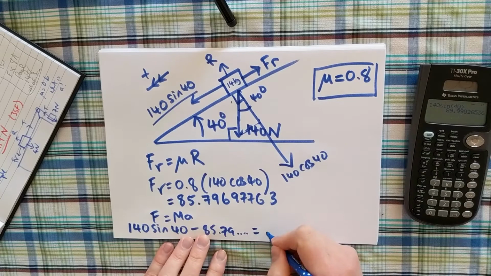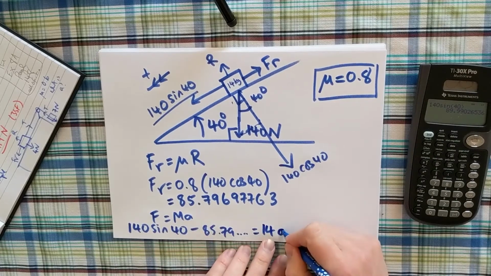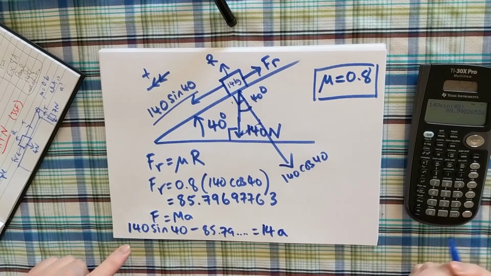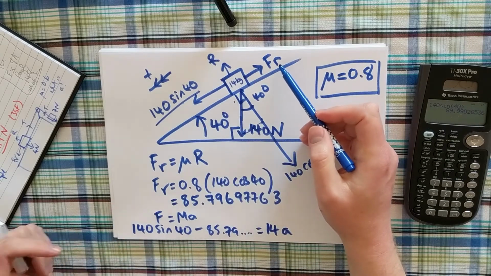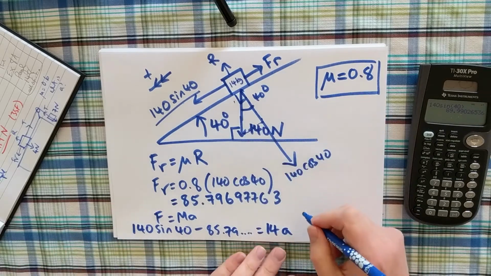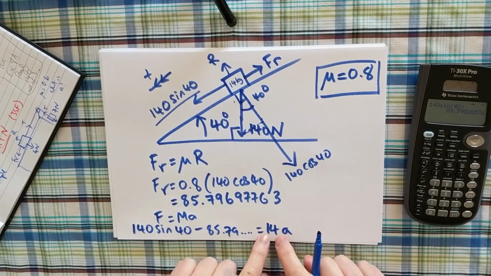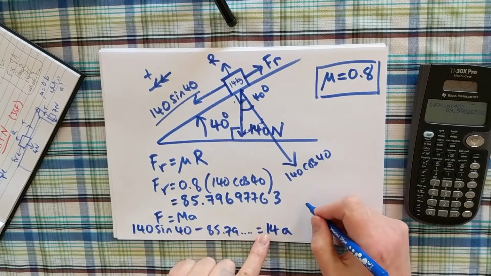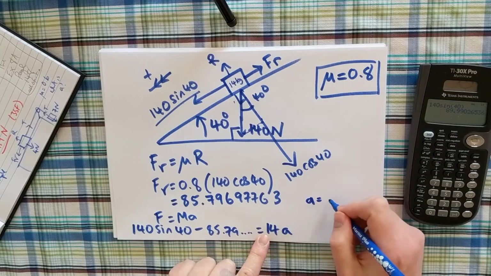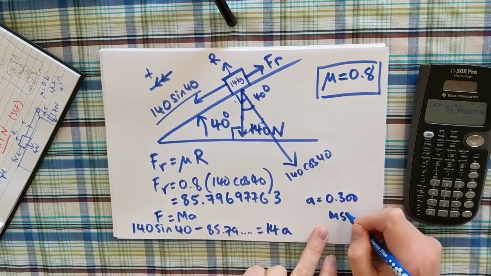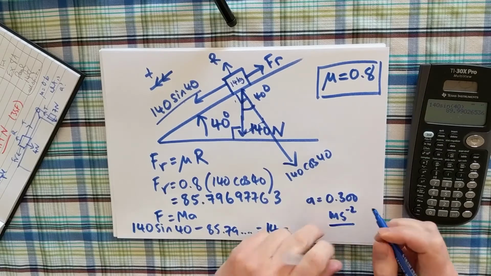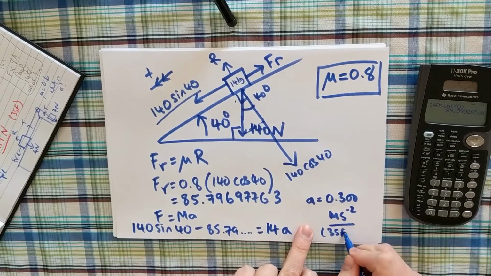This equals the mass, which is 14, times the acceleration. That's what we're looking for. So we're taking all the forces which are going down the slope, subtracting away the friction, which is opposing motion, and that equals ma, and then we can just do that, take away that, divided by 14, and I believe the acceleration comes out to be 0.300 meters per second squared to 3 significant figures.